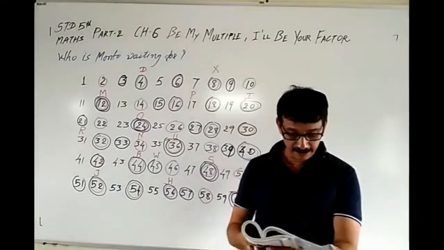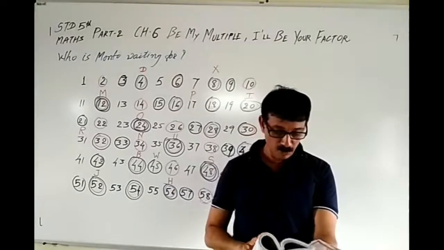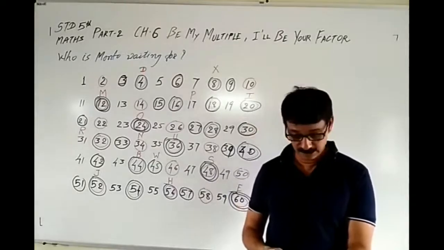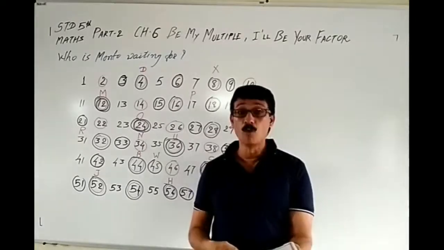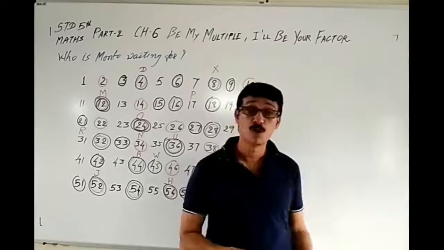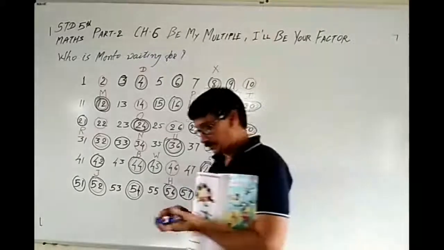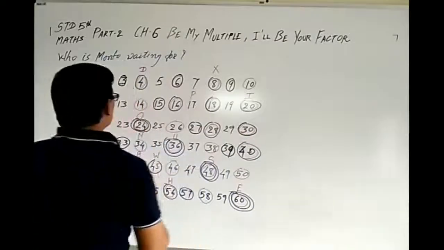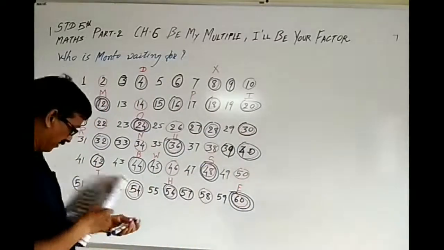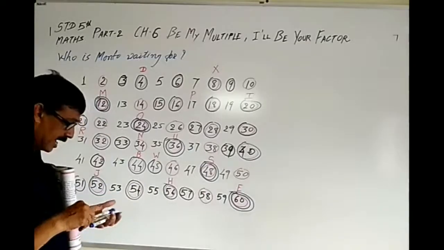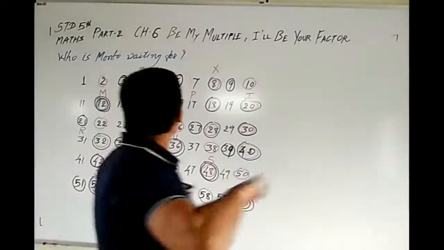Which are the boxes that have dots of all the colors? Let's see. Which are those numbers which have all the 3 colors? So this is the next question, and let me write it down over here.